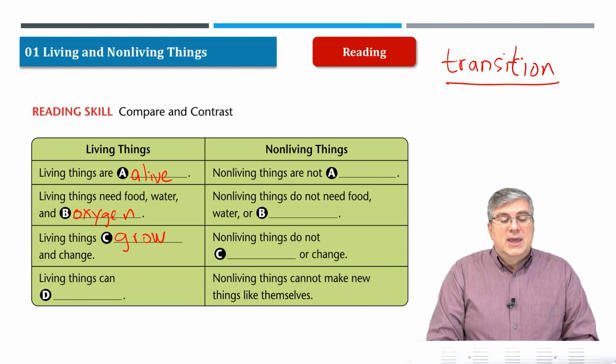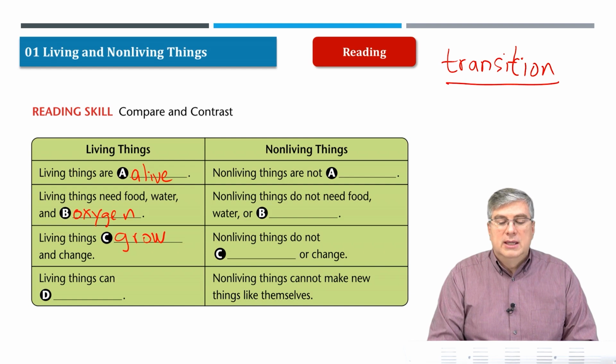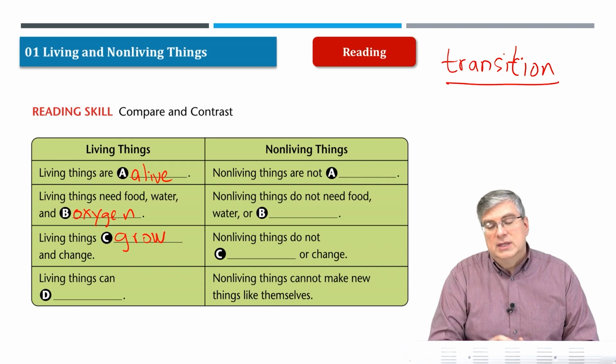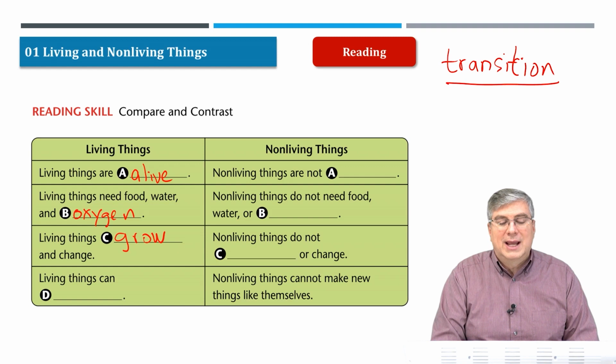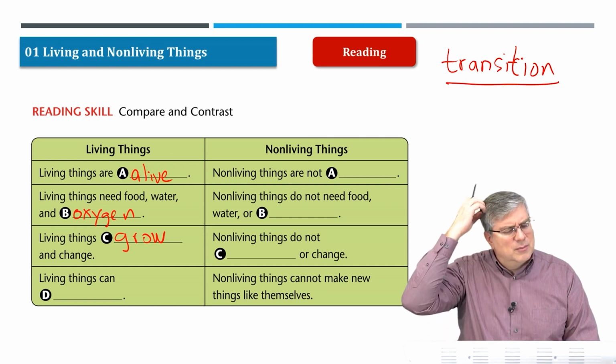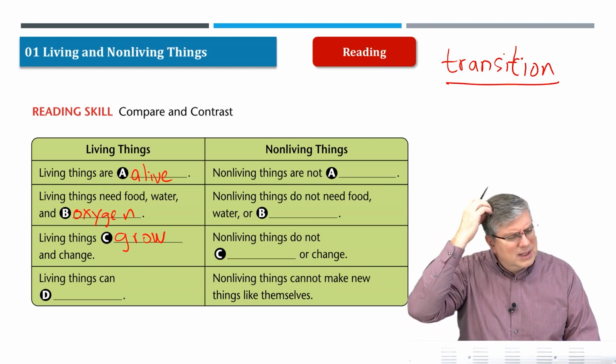Now, living things can what? What do living things do that non-living things cannot do? There's a lot of choices we could use here, but we can just go over to the right-hand side and see, it's the opposite of what is on the right-hand side. We could say living things can breathe, or grow, or reproduce.